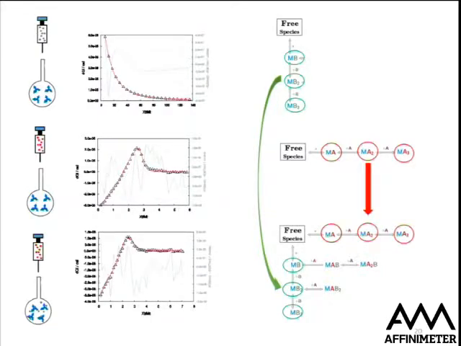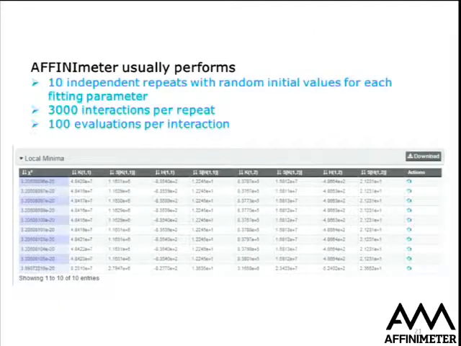So that's why we provide this statistical tool to analyze the local minima of the fitting. What AFFINImeter really does is give you the result for the best fitting, but we also provide the results for 10 different initial seeds. And those seeds are, as Angel said before, randomly chosen.